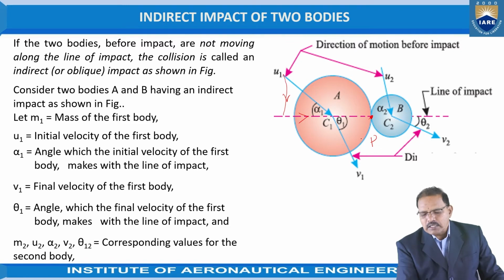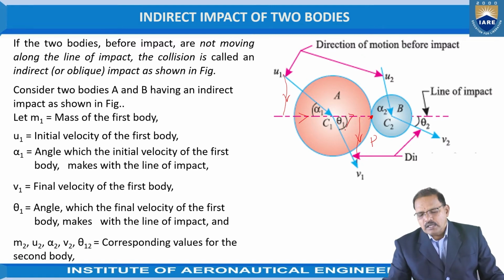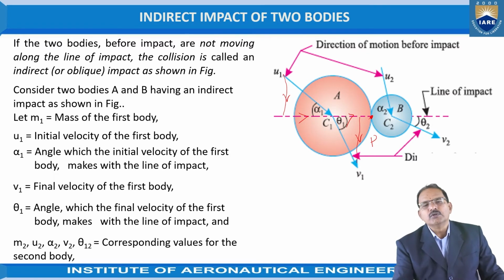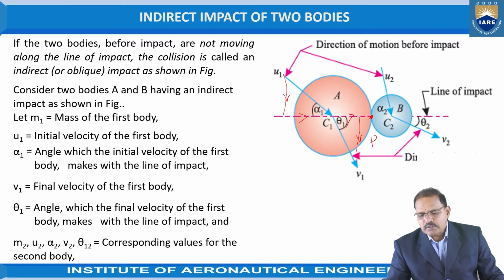Similarly, the final velocity v1 is again resolved into two components. One is along the line of impact, the second one is perpendicular. For the second body also, u2 is representing the initial velocity of the second body, and alpha 2 is representing its inclination with the line of impact.